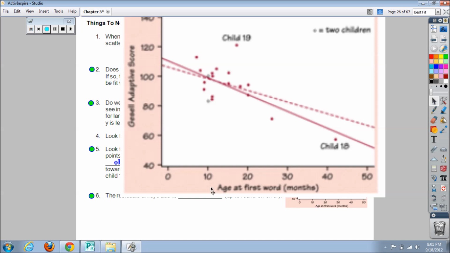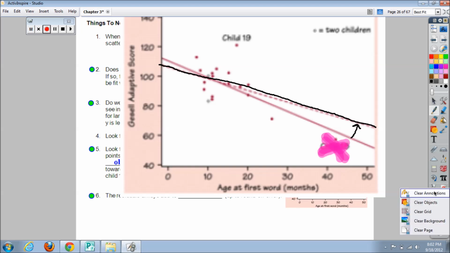Notice your age at first word in months: here's 40, there's about 42. Here's originally the regression line, this solid line right here. Then if we get rid of child 18, pretending he's not really there, the regression line ends up at this dashed line. Notice it goes up. It doesn't feel like it moves up a lot, but that really is a big difference.